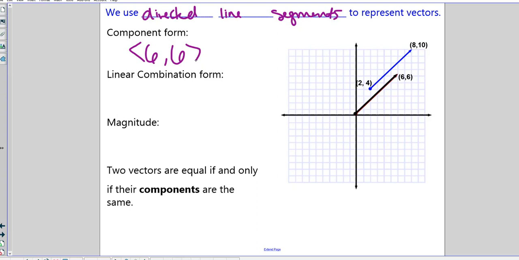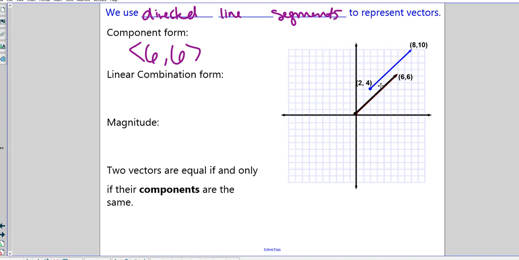If your initial point is not the origin, how do we go from the blue to the black? Subtract. Subtraction order matters, right? So terminal minus initial or initial minus terminal? Yeah, where you stop minus where you start, okay?